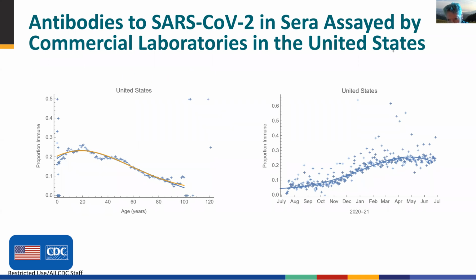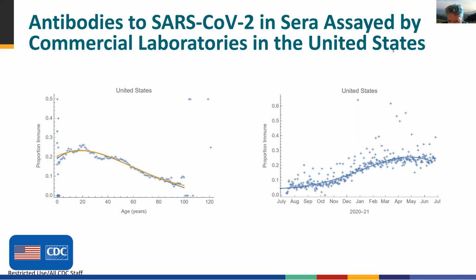These are Roche's Elecsys before mid-December and Clinical Diagnostics Vitros surveys as functions of age on the left and time on the right. The orange curve on the left figures a cubic polynomial, and the blue one is a linear increase followed by an exponential decay that Patty Farrington devised to represent biological phenomena.